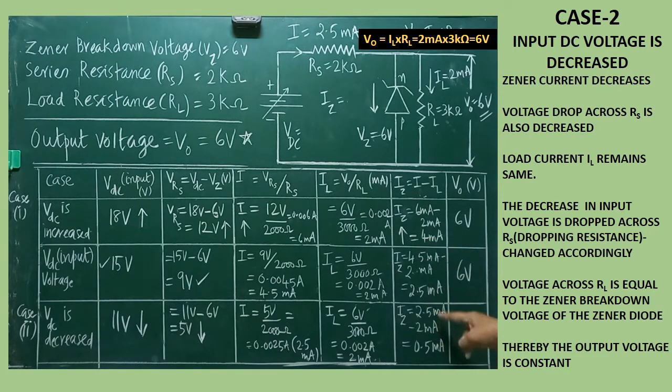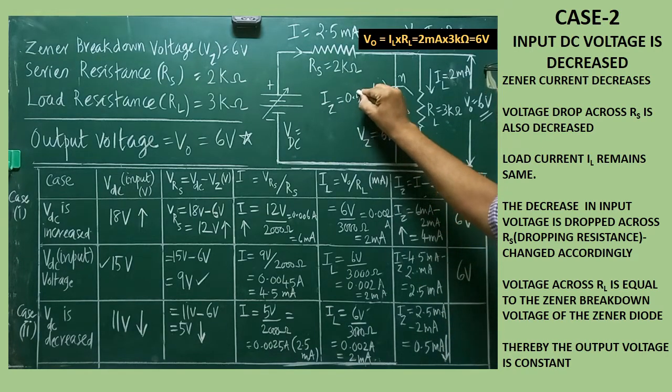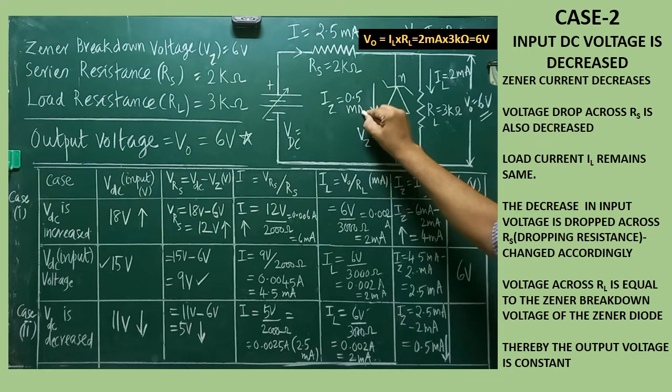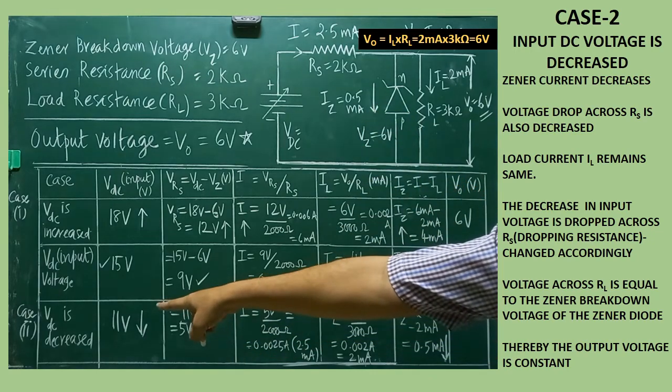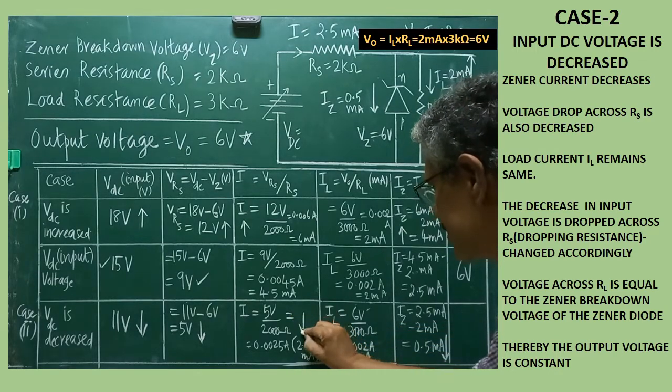Now look at the value of Zener current. Are you clear? Compared to the earlier value, Zener current is decreased. The Zener current value is 0.5 milliampere. When the input voltage is decreased, Zener current also decreases. Zener current decreases and then total current decreases.